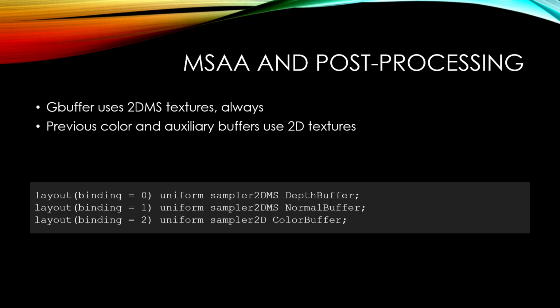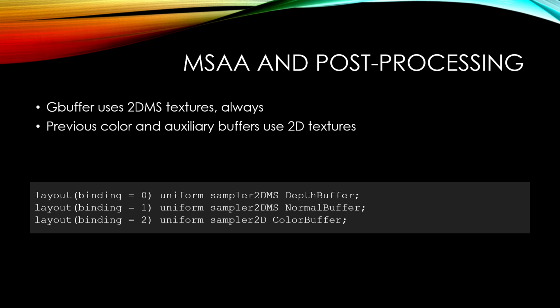So what that means is the G buffer always uses 2D MS textures, even if anti-aliasing is disabled; it's still using a 1x 2D MS texture. And then the previous color buffer in each post-processing shader, and any auxiliary buffers, extra textures that you use, are going to use regular 2D textures.